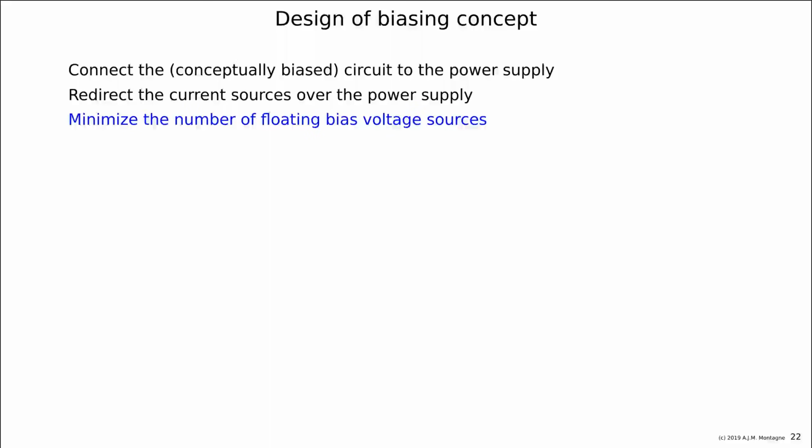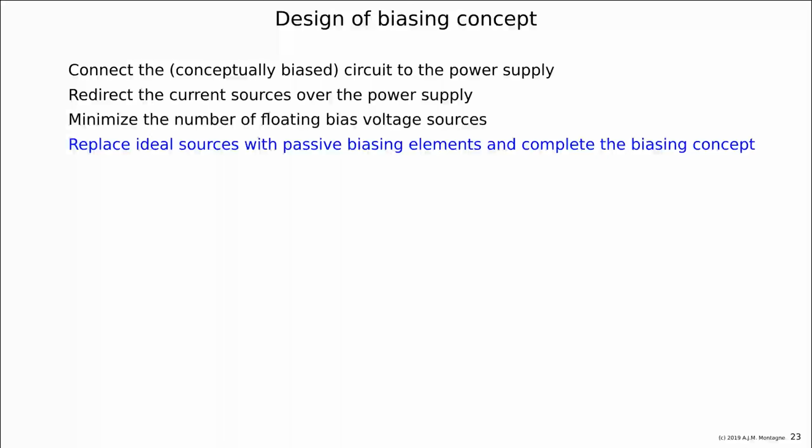So it is really difficult to make floating bias voltage sources. Also with passive elements, we will find out that they always need some bias current to go through them to obtain the correct value. So usually, one of the steps is to minimize the number of floating bias voltages, and I will show you later on various methods to do so.